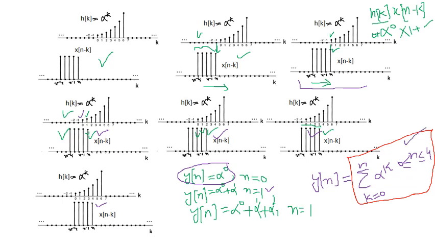Why? Because after 4, this sample will cross the 0, so the non-zero overlap will not start from 0, but rather it will start from 1. If we move one more unit, then it will start from 2.